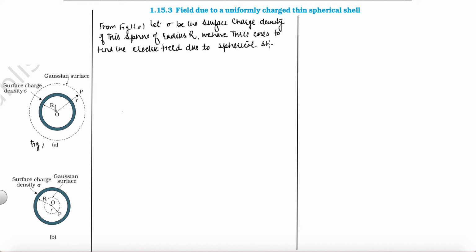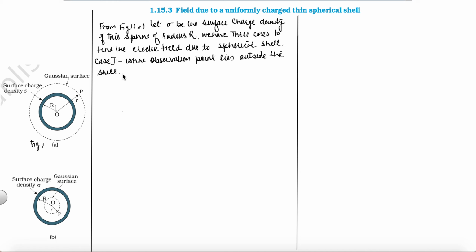For case number one, the observation point lies outside the shell.